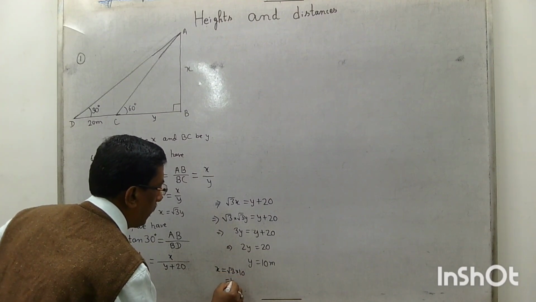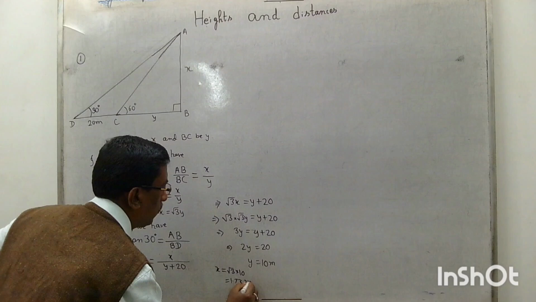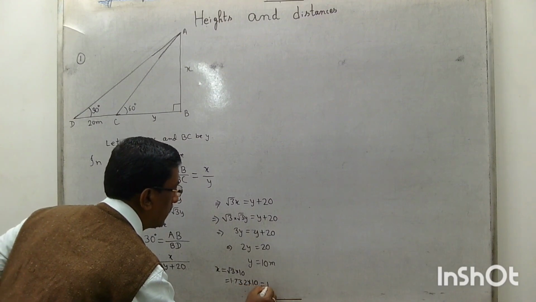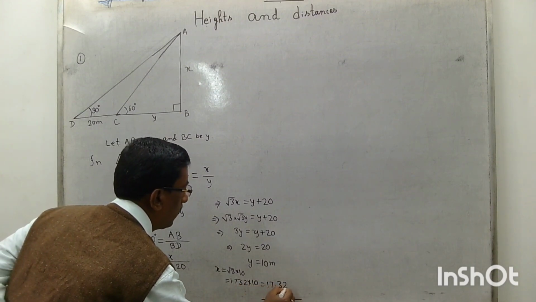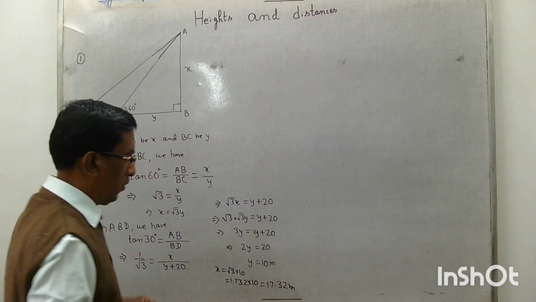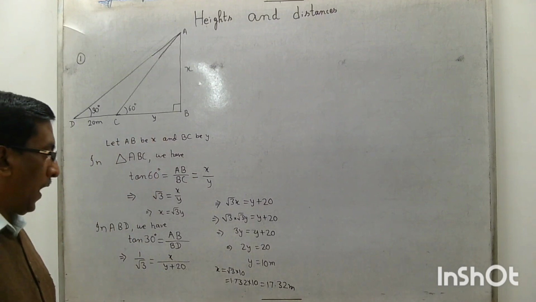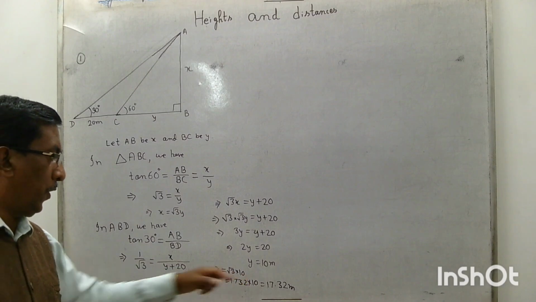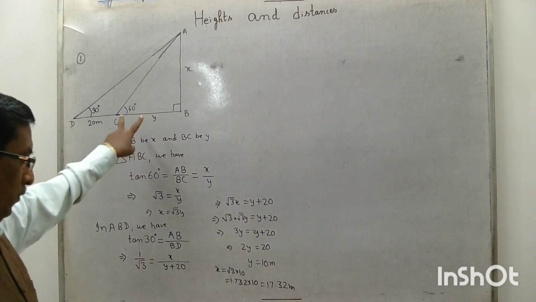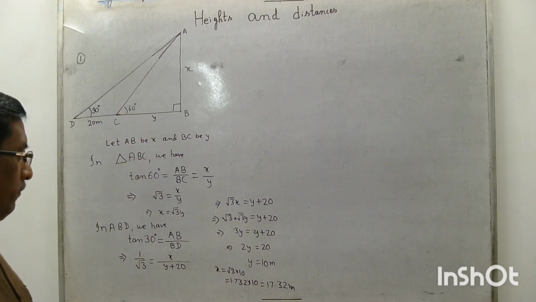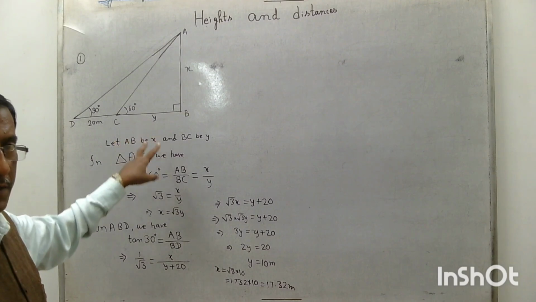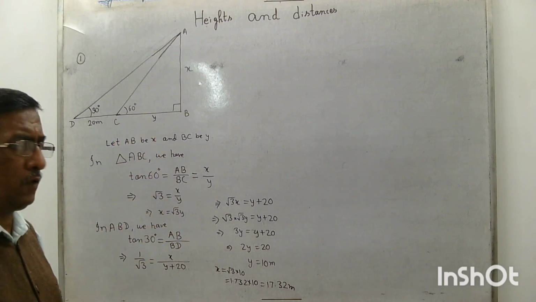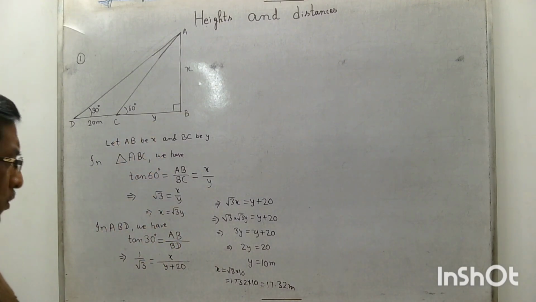That means 1.732 into 10, which is 17.32 meter. So the height of the said tower is 17.32 meter and the width of the river is 10 meter. These are two required solutions.